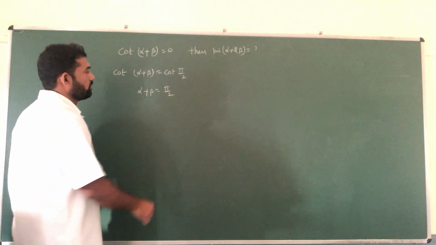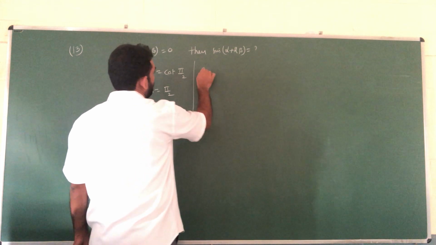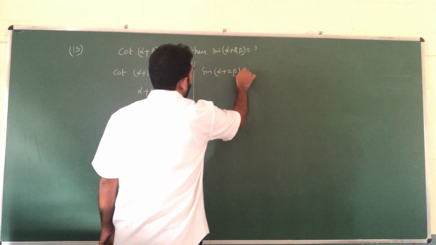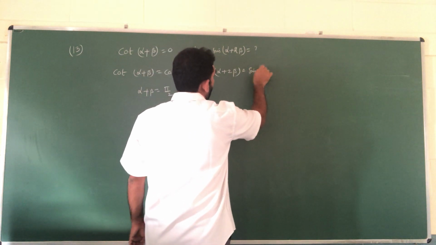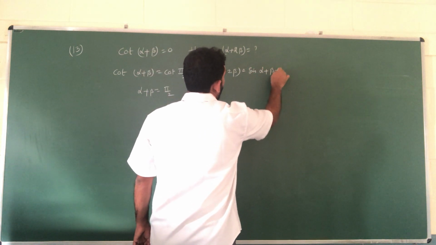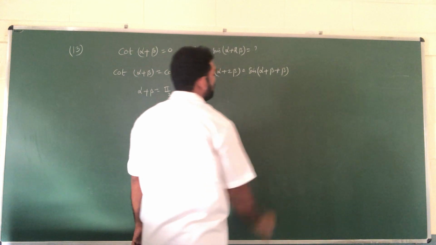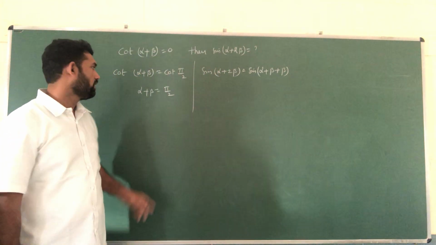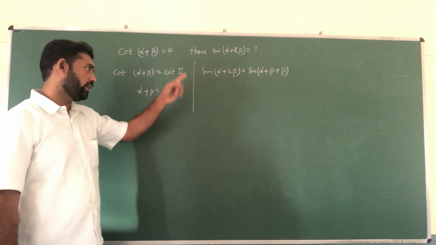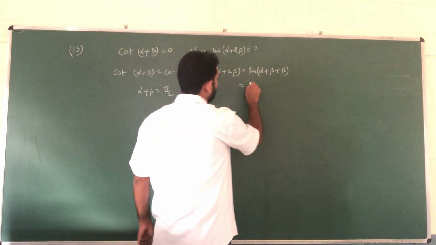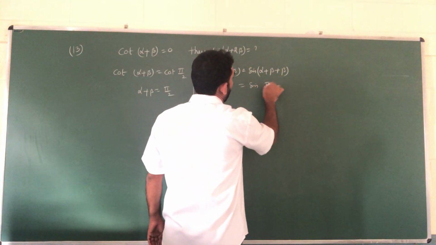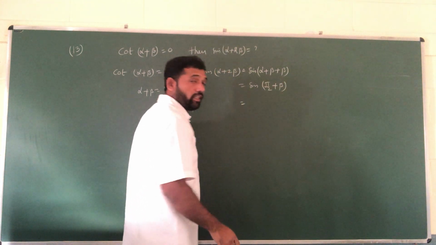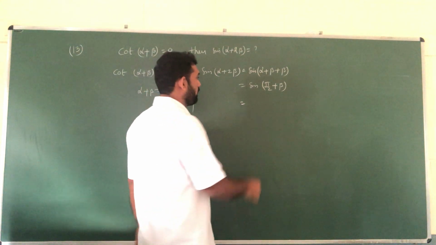Then sin of alpha plus 2 beta can be written as sin of (alpha plus beta) plus beta. Already we know that alpha plus beta is equal to pi by 2, so sin of pi by 2 plus beta. Pi by 2 plus beta belongs to the second quadrant, so what happens?